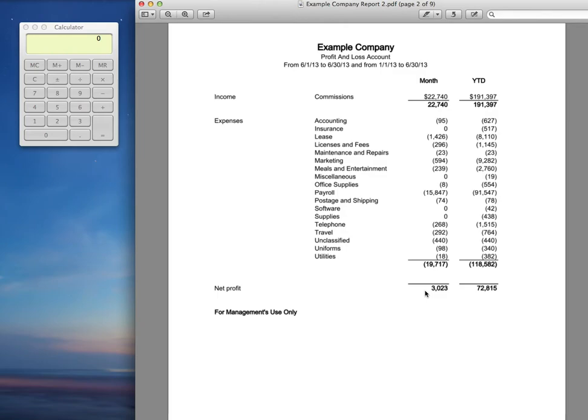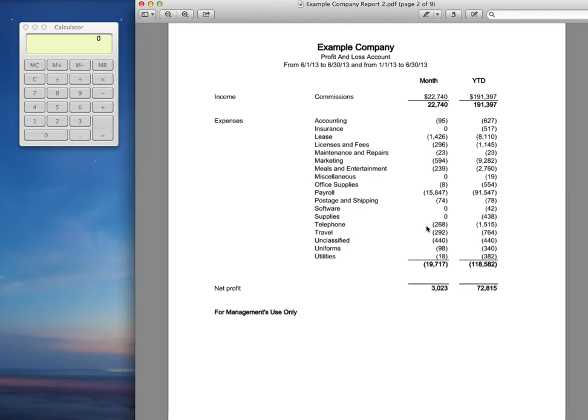So by putting these numbers out in front of you in a profit and loss report, it gives you the opportunity to look into each of these numbers, such as telephone, $268 this month.